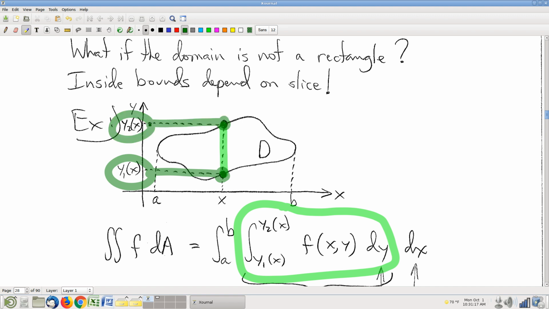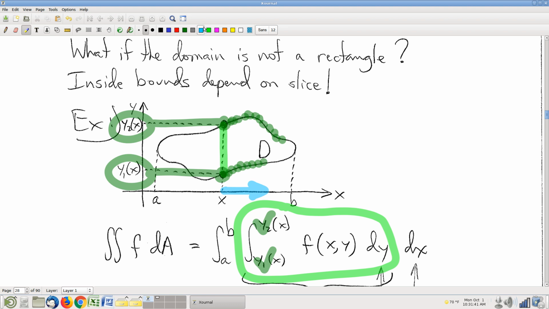So for that value of x, we get certain y1 and y2, but you can see as x moves over, these points are going to move. This one's going to move up, and this one here is going to move up and then down. So those bounds are going to change depending on x.